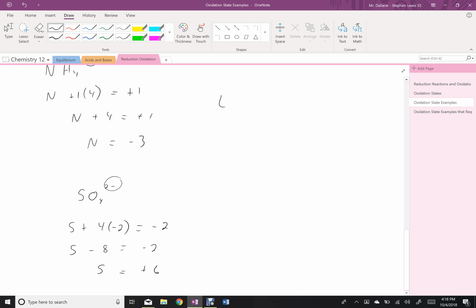Remember our rules. Elements have an oxidation state of 0. Oxygen, this isn't always the case, but in almost all cases it's minus 2. Halogens, minus 1. Metals, alkali, plus 1.